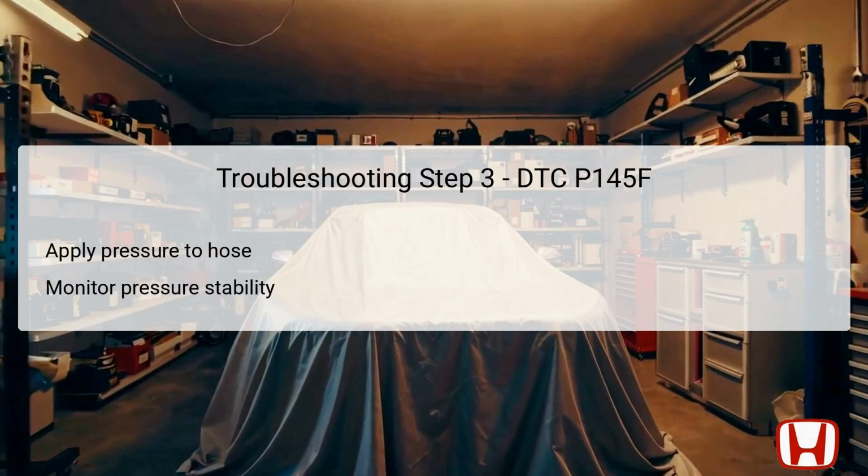Continuing with the hands-on troubleshooting, once the hose is connected to the drain tube and the vacuum pump is in place, you will apply pressure to the hose. This step is critical, as it helps to simulate the operational conditions of the EVAP system. Monitoring the pressure stability during this application will reveal whether the system can maintain appropriate pressure levels.